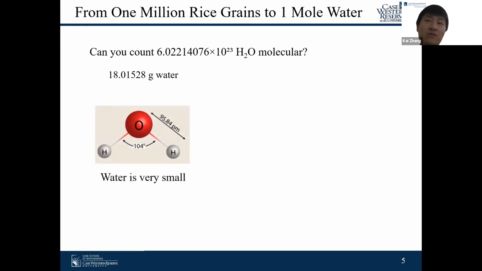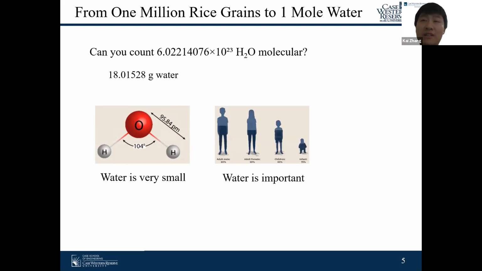We can find water is so small, right? But from biology class, we already know almost half of the weight in our body is water. And water is crucial and very important for ourselves. Every day we need to drink water, we need to use water to cook food, to do various things.